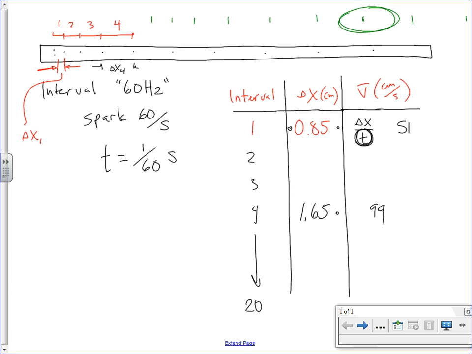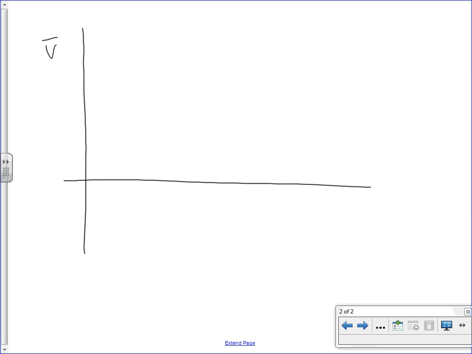Excellent. Now, on your graph paper, what I want you to graph or plot is velocity versus time. Okay? So, at each interval, what was the velocity? Now, what I recommend you do here is do it in 60ths of a second.